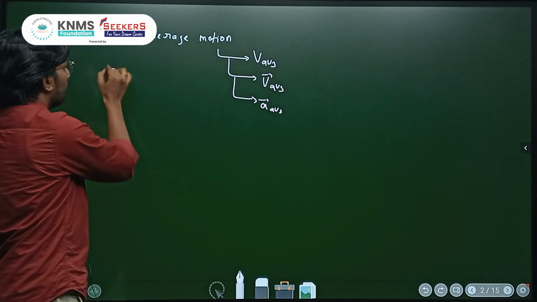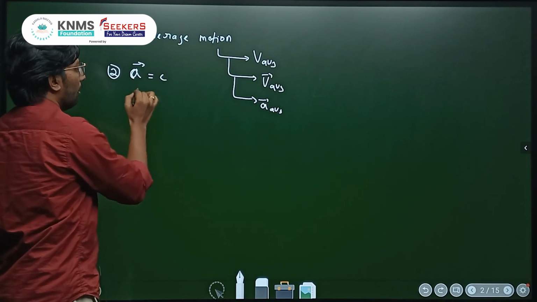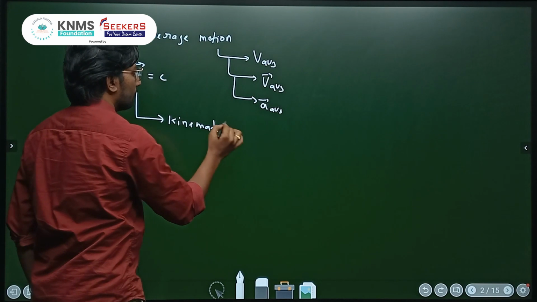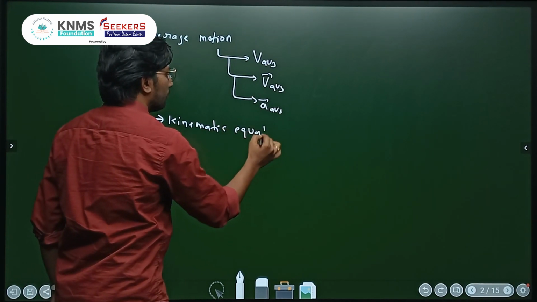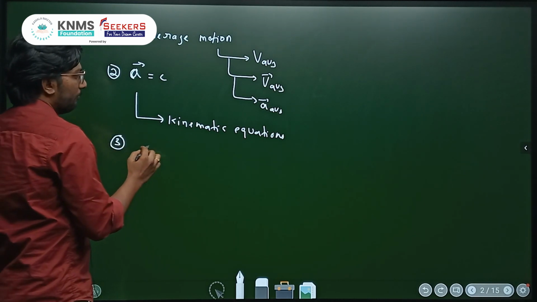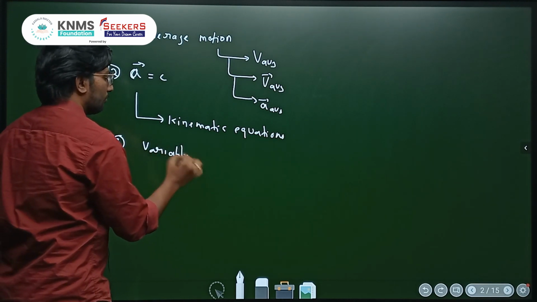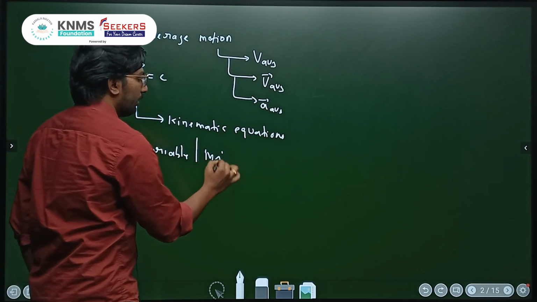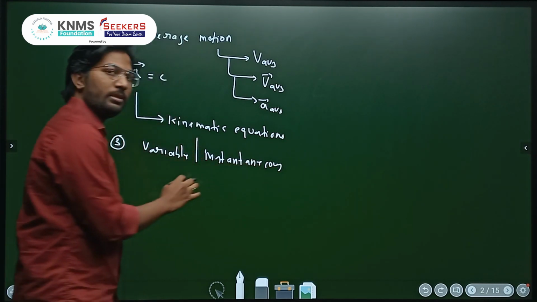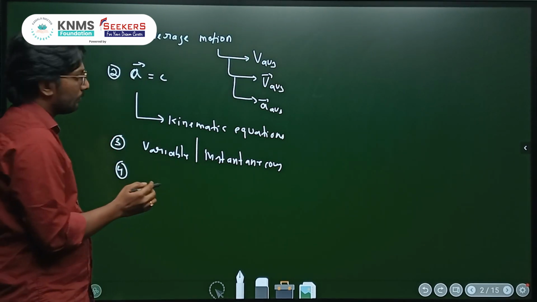And then you'll be having constant accelerated motion, under which we will be having kinematic equations, and then you have variable accelerated motion, otherwise also called as instantaneous. We will see relevant equations in this case while we discuss the questions.